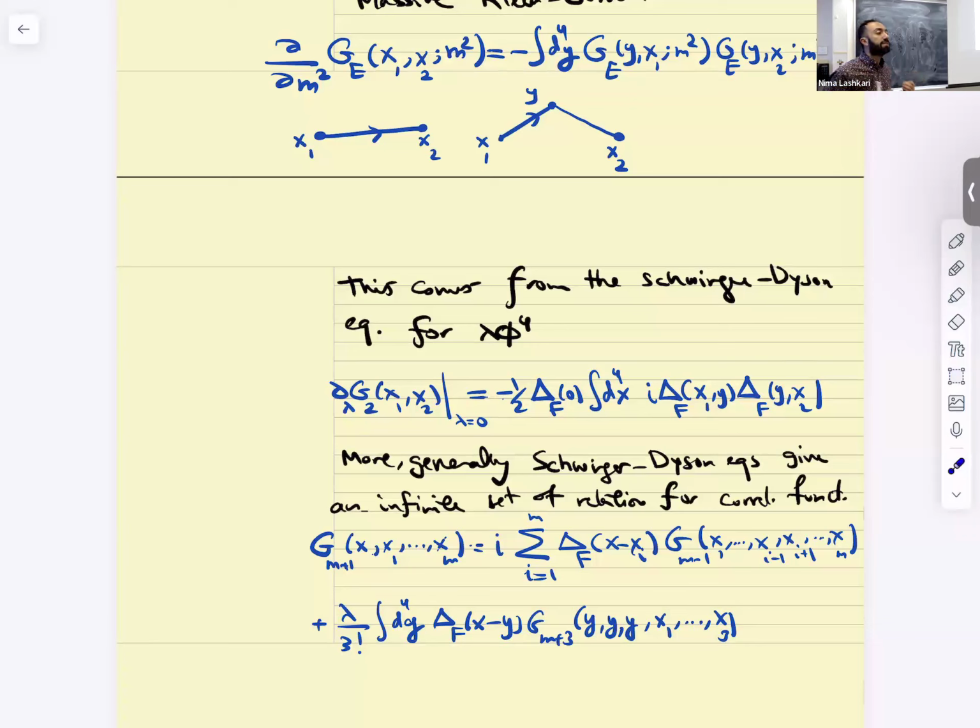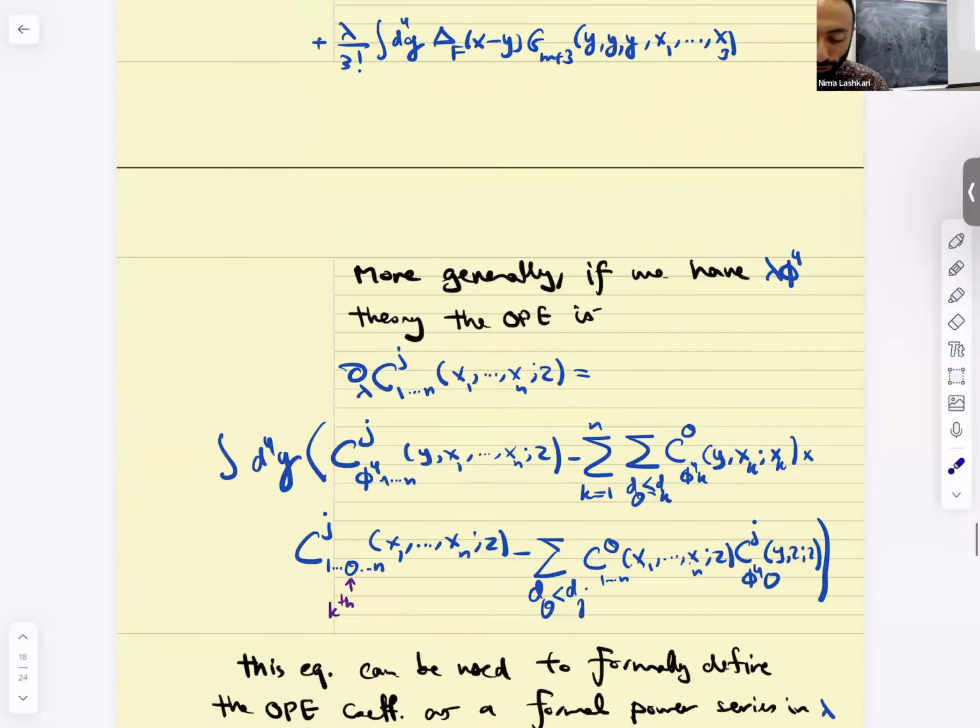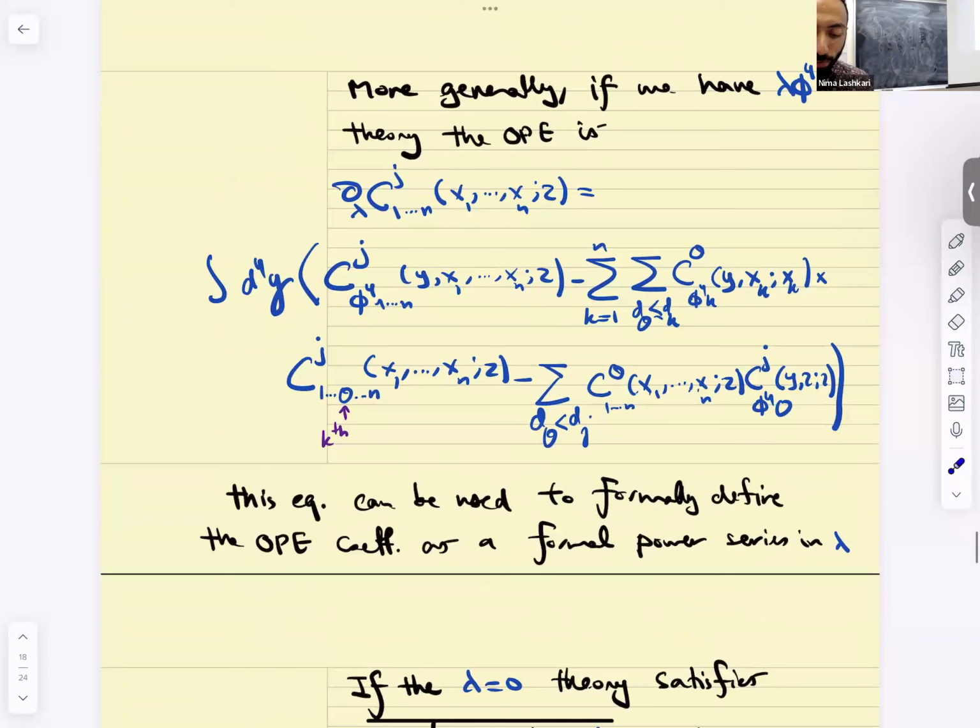You could easily convince yourself these are analogous to flow equations for the OPEs. So del lambda of C_{1...N}^J(x1 to xn; z) will have to satisfy these OPE relations. I'm not going to worry about the details of this. But it turns out you could solve these relations as formal power series in lambda.